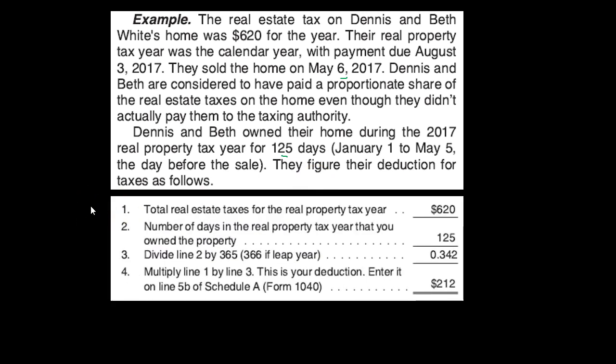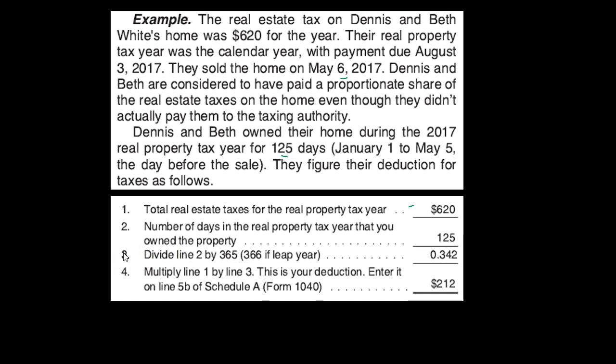So here's going to be the calculation. They got the total real estate taxes for the real property tax year. That's going to be the $620. And then they're going to take the number of days in the real property tax year that you owned the property. So we owned the property 125. And then we take that line 2, the 125, and divide it by the number of days in the year.